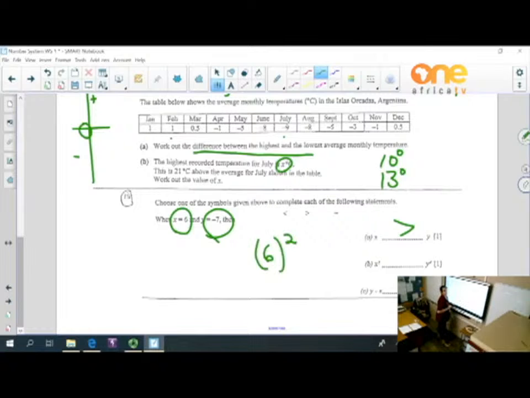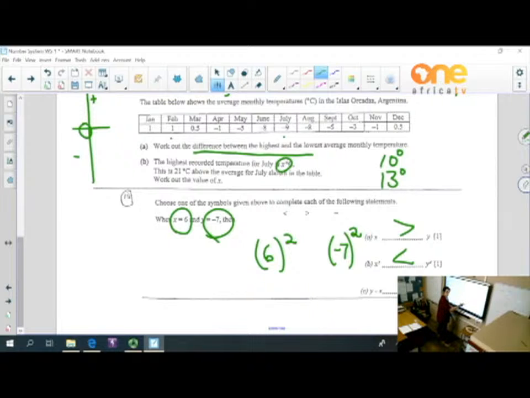And it's vitally important that you substitute in brackets and the 2 is outside. Do it like this on your calculator. Otherwise, you're going to get wrong answers. And then the -7, look at the same thing. In brackets and the square outside. This is 36. This is 49. So it's going to be less than.